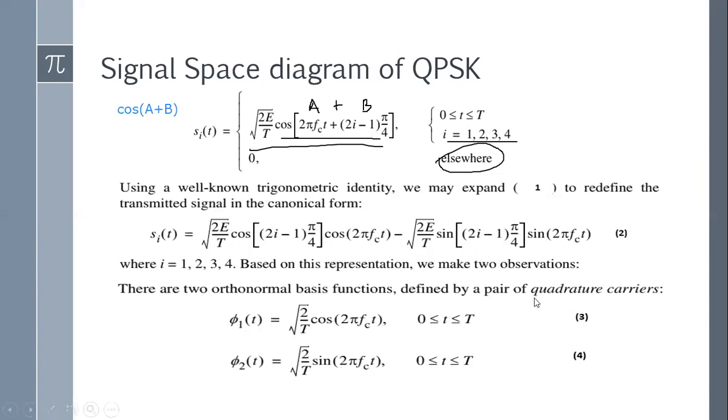Okay, so now if we compare, the value of M, that means message symbols, is 4, and the number of basis functions N equals 2. So from this equation we can say that we have two basis functions. Which one is constant? Root 2 by T cos 2 pi fct is constant in this portion, and root 2 by T sin 2 pi fct is constant in this portion.